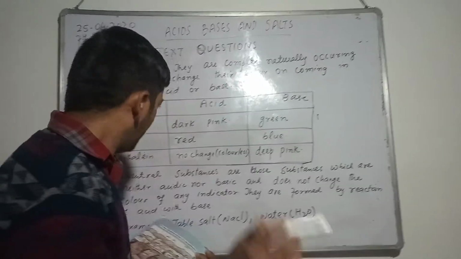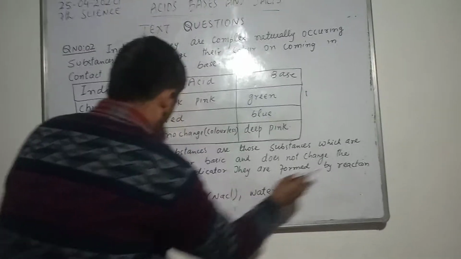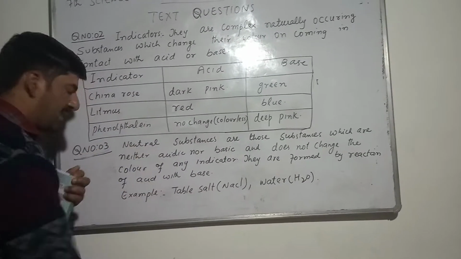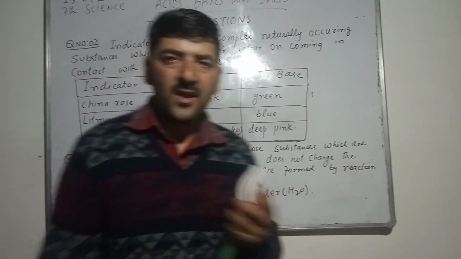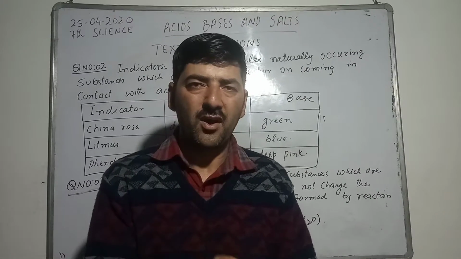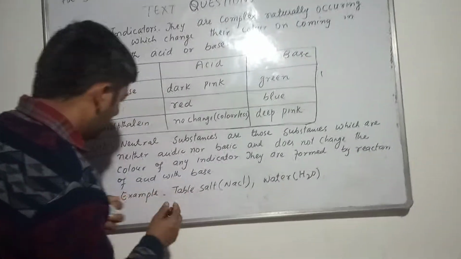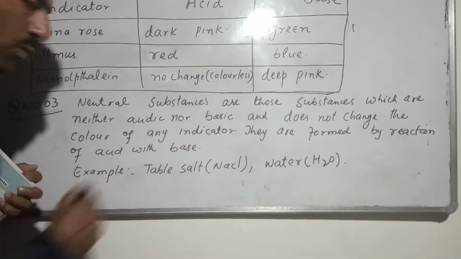These neutral substances are formed by the reaction of acid with base. When acid reacts with a base, there is a formation of neutral substance. For example, table salt, sodium chloride.